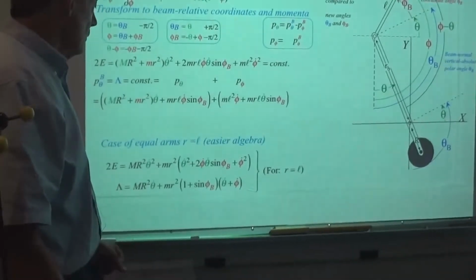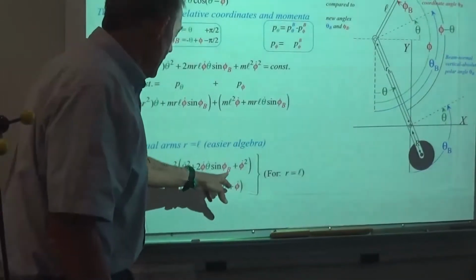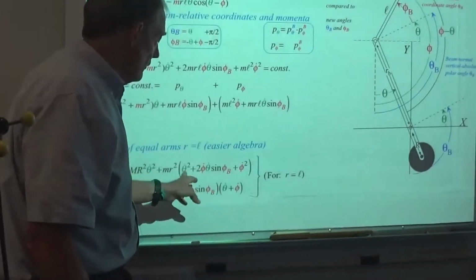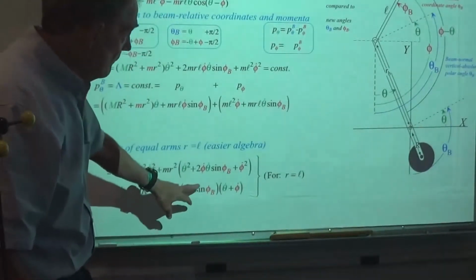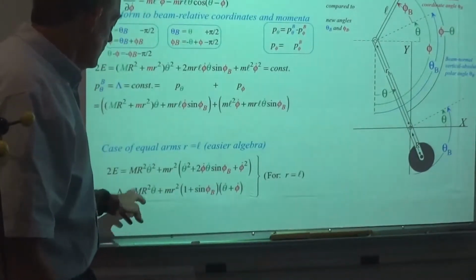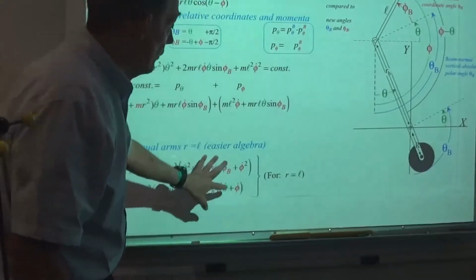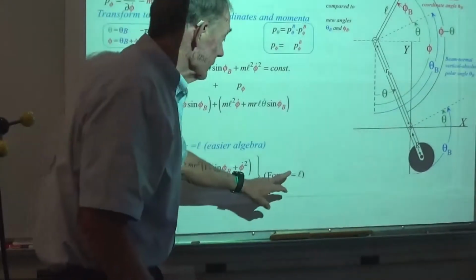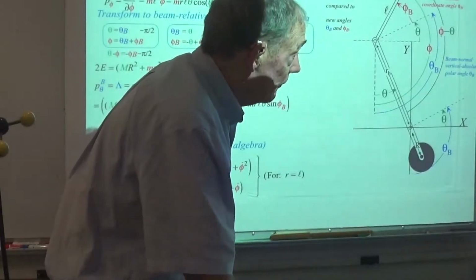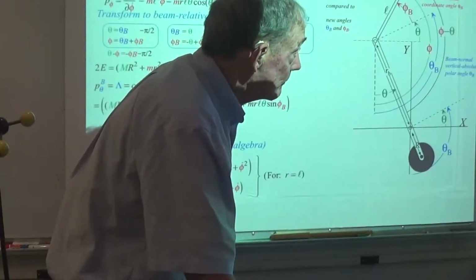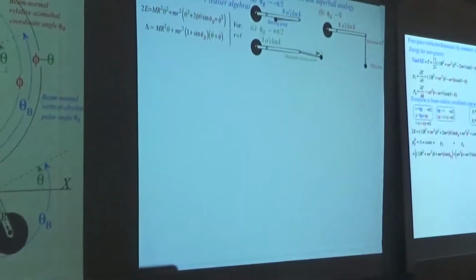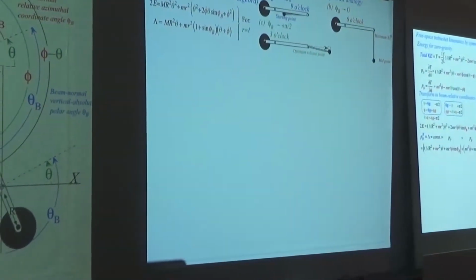So that will let us have the r squared be outside of the combination of sums of angle momentum and the trigonometric factors here. Doesn't affect the beam any, but this is the throwing arm that we're making simple. So for r equal to L, we have that situation. And there it is spelled out up on the top there.